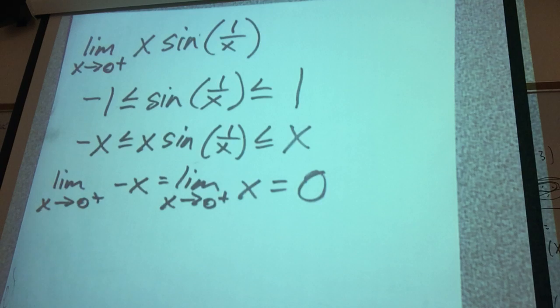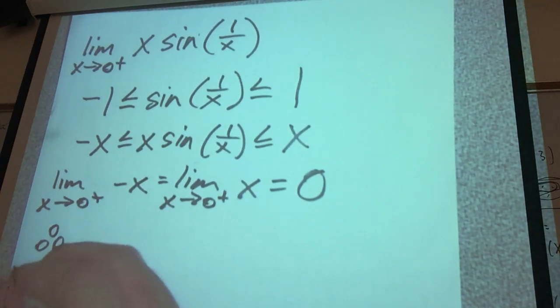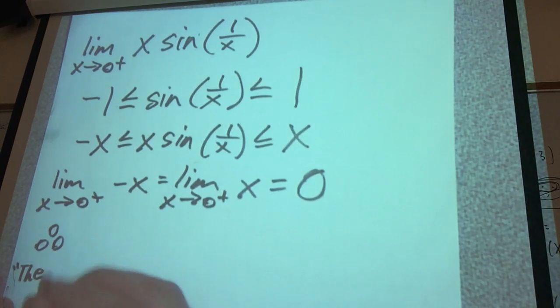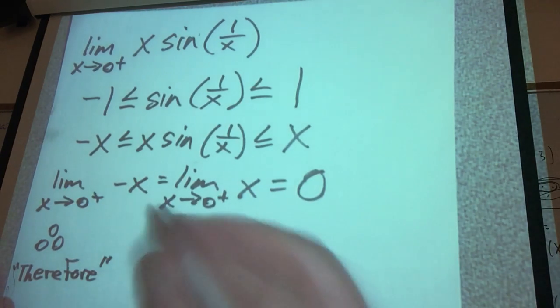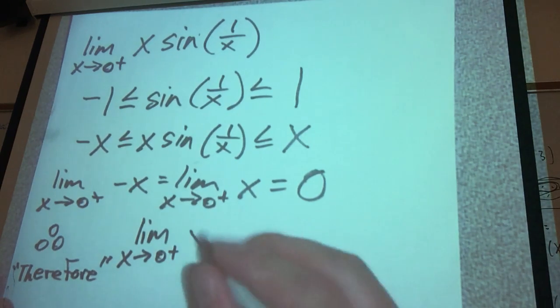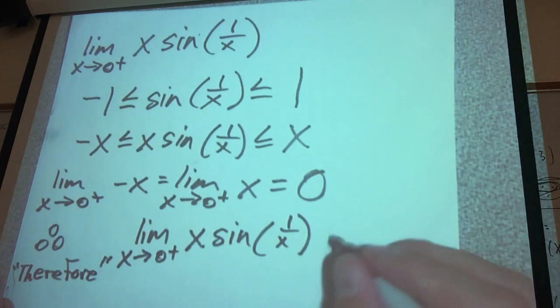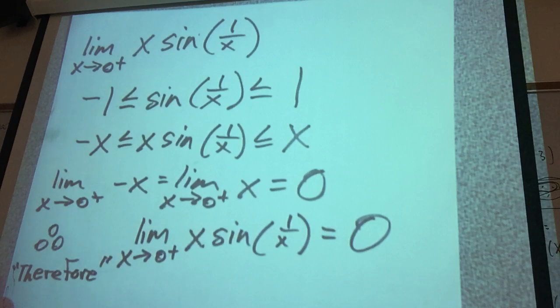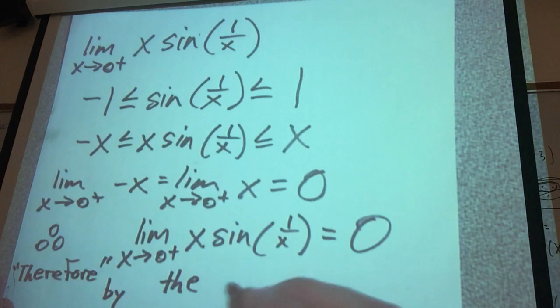And therefore, the limit as x tends towards 0 from the right of x sine of 1 divided by x equals 0 by the squeeze theorem.